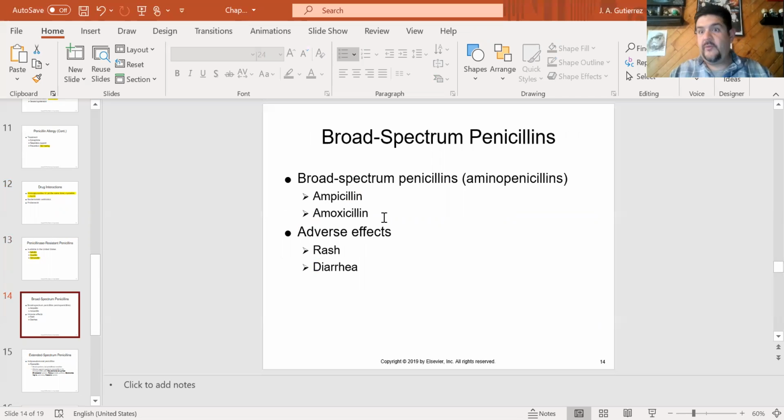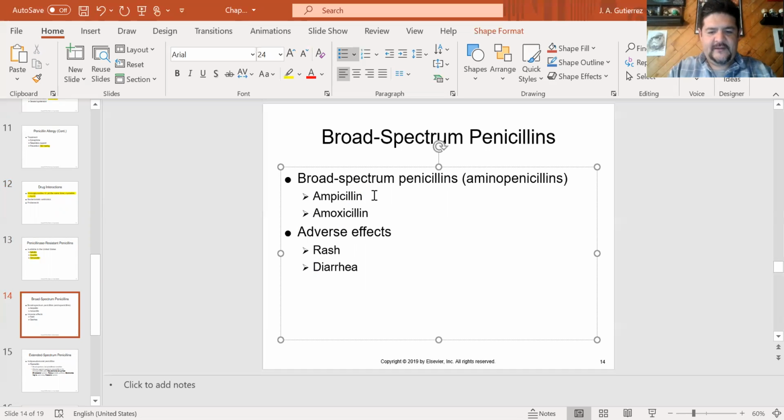If you're a mom with kids, most probably you are very familiar with these too. Ampicillin is used in a hospital setting, and amoxicillin is more of an outpatient presentation. Usually when the patient is taking ampicillin in the hospital and they're discharged, they will continue with amoxicillin.